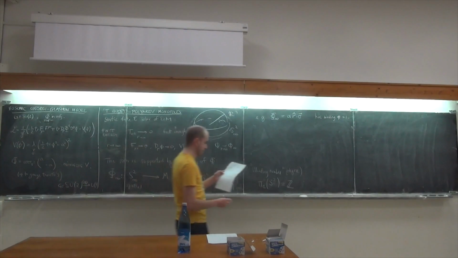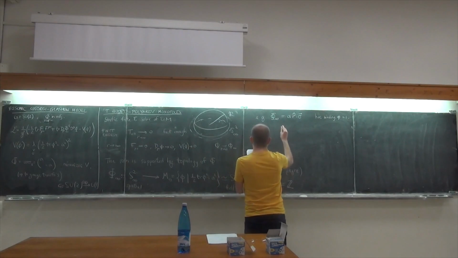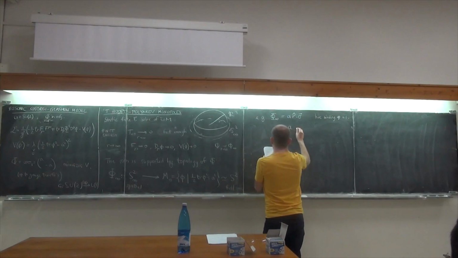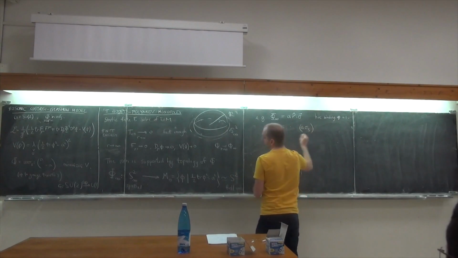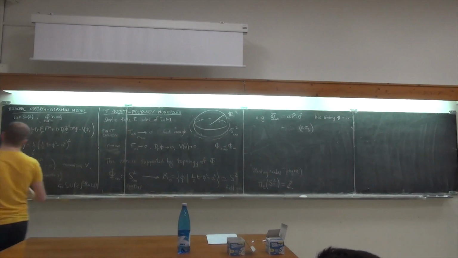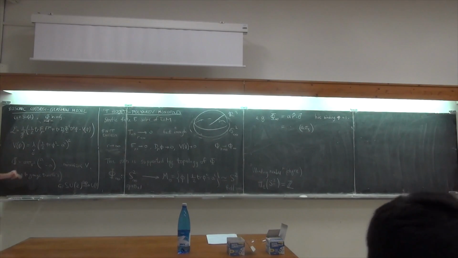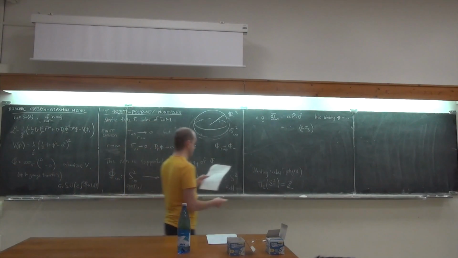Okay. So, in particular, you can write this as a sigma 3, the field configuration for the vacuum, up to a gauge transformation.